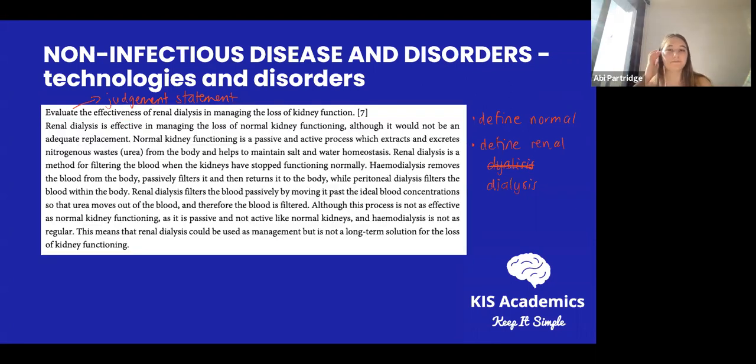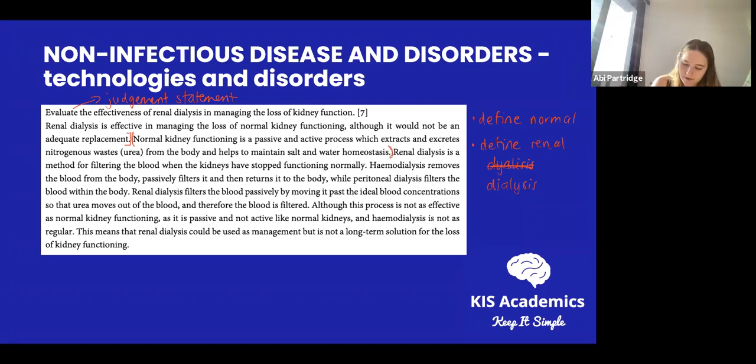So if I put up the answer, we've got the judgment statement at the very beginning. So it's saying that it's effective in managing the loss of kidney function, but it wouldn't be an adequate replacement. So it's useful in the short term, but not for the long term. And then the answer goes on to talk about kidney functioning and why normal kidney functioning is used.